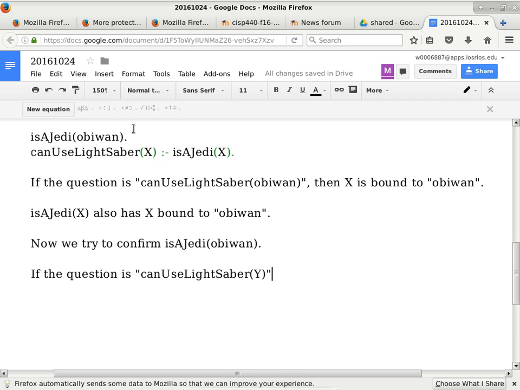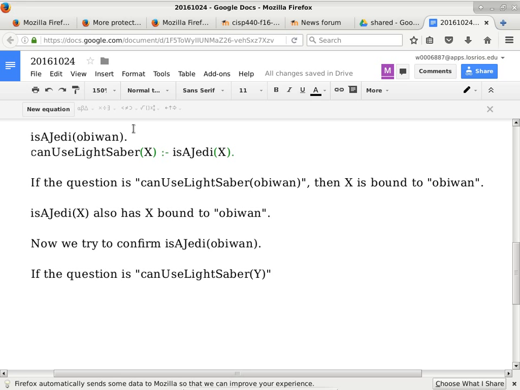In that case, what the Prolog engine would do is try every single element as Y, and based on that substitution, it will instantiate the variables on the right-hand side, and keep asking that question until it finds a confirmation, either yes or no, whether that particular element of the universe can use a lightsaber or not.